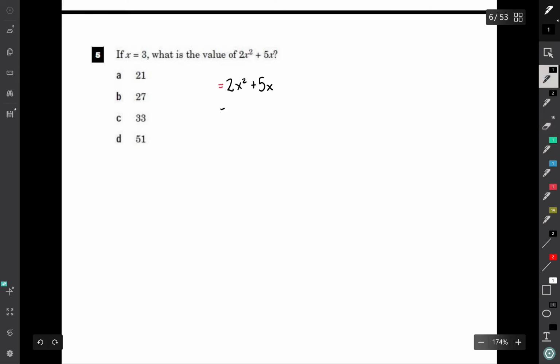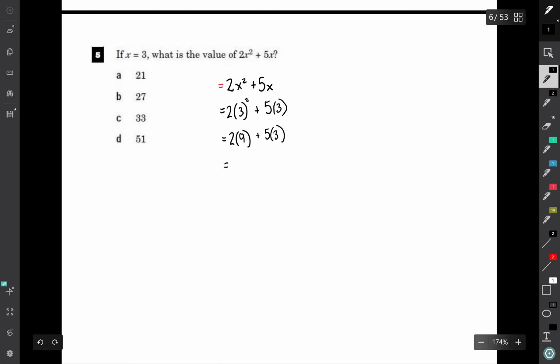Okay, so 2 and then 3 to the exponent 2 plus 5 times 3. All right, so now we follow order of operations, right? So the first thing we do is that exponent. So this becomes 2 times 9 plus 5 times 3.